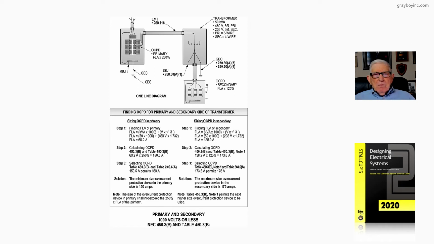The system bonding jumper that you see there is sized according to table 250.102(C)(1) of the code, and that's identified as a system bonding jumper in 250.30(A)(1). The grounding electrode conductor is sized from table 250.66, and notice we would reference 250.30(A)(5) and 250.30(A)(4).